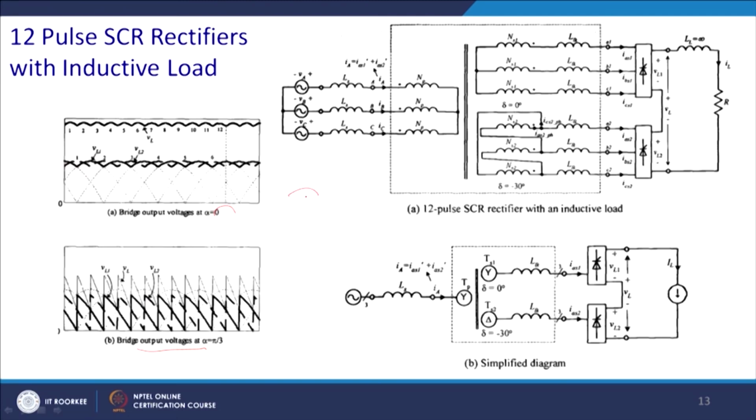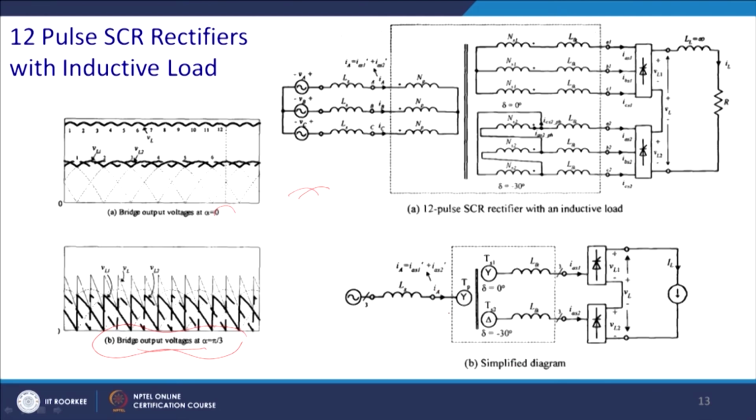They will all have a phase shift, so the ripple will cancel out, and instead of 6 pulse you get 12 pulse in the output voltage. This will be for alpha equal to pi by 3, and this will be the output voltage pattern for a highly inductive load.